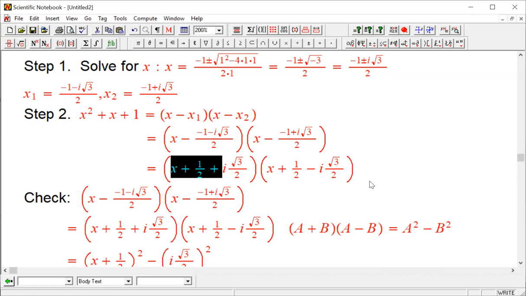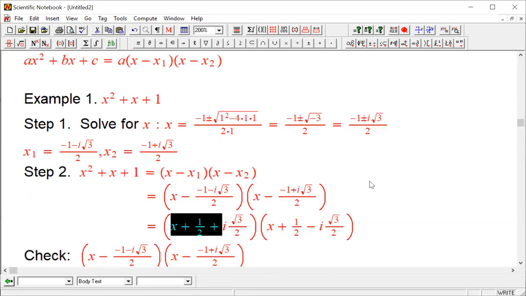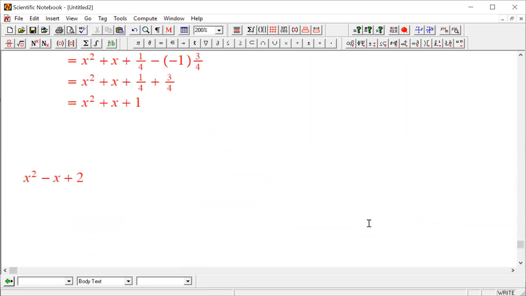So in this case, b squared minus 4ac is less than 0, so we have complex number factors, which is consistent with the three cases of the quadratic.